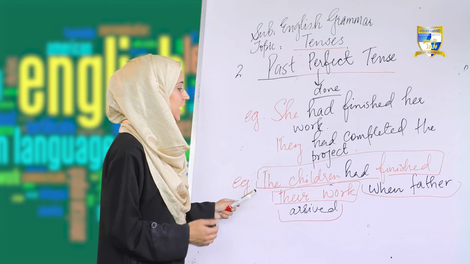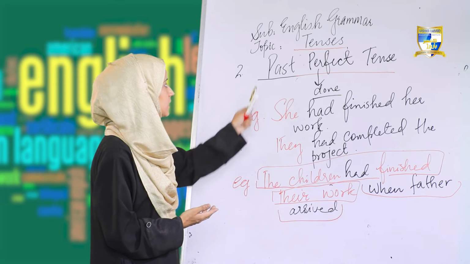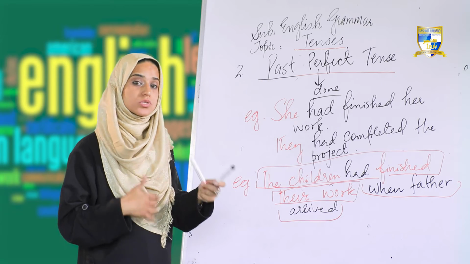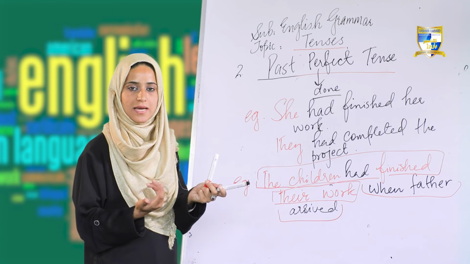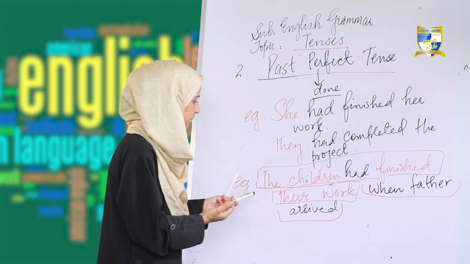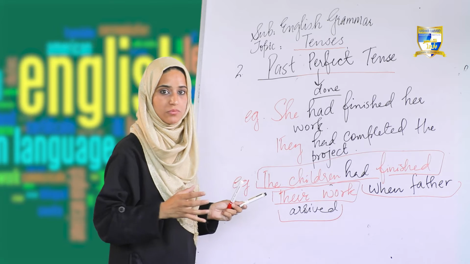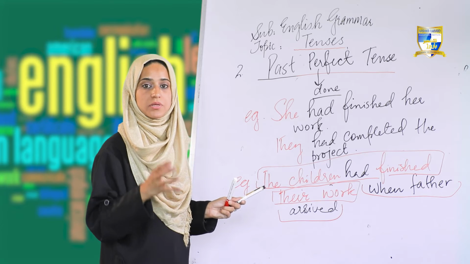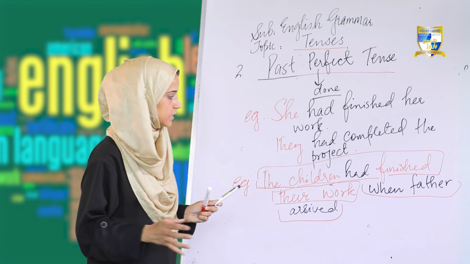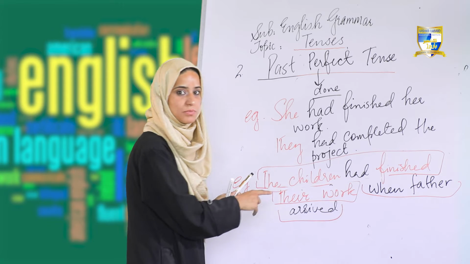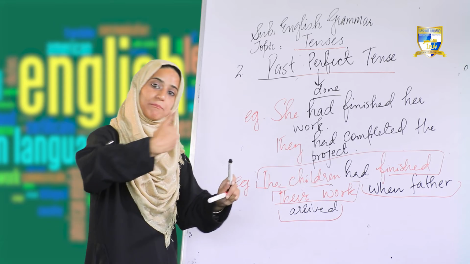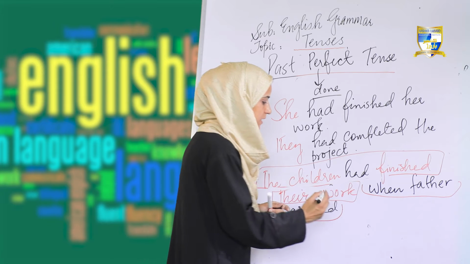So if you have situations like these, past perfect tenses are used to denote the action where you have two actions taking place in the past time. The action that happened earlier, that is done, that is complete, is indicated by past perfect, and the action that happened later is shown by simple past.